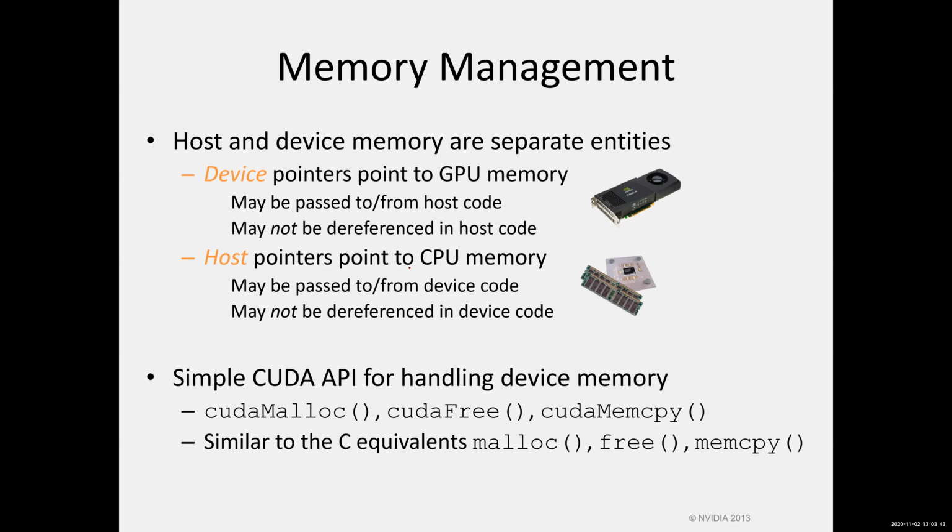Now, you see, you first need to transfer the vector from CPU memory or host memory, this is host, to device. You need to transfer the vector into the device memory.